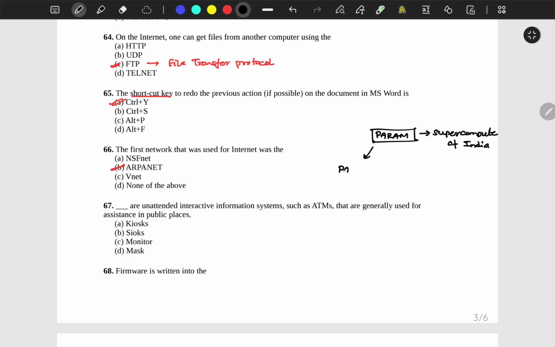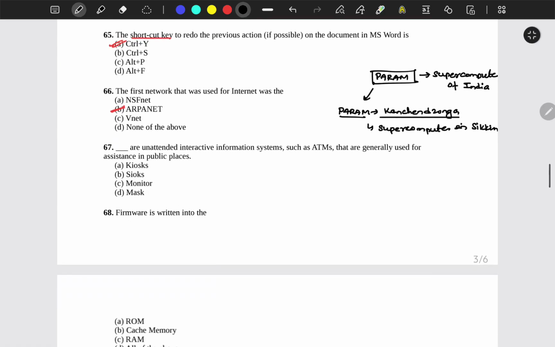Yes, we do have, and which is Param Kanchenjunga. Okay, Param Kanchenjunga. It is the supercomputer in Sikkim, right? Remember this, okay?